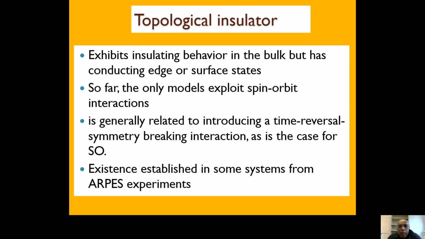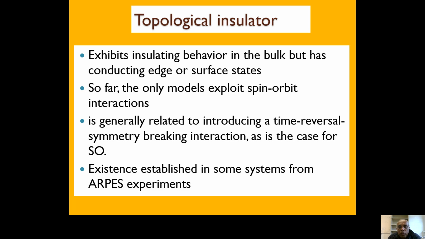Because of these edge states, usually in most materials the time reversal symmetry is broken, because of this spin orbit interaction. So generally these topological insulators are related to time reversal symmetry breaking.